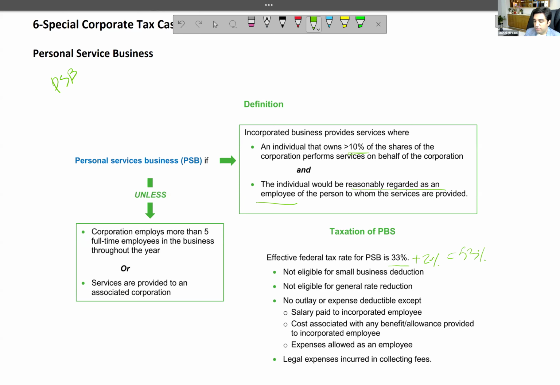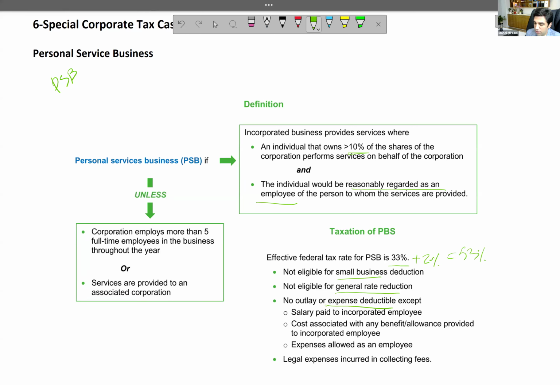Then the next one is that there is no small business deduction, nothing for 11%, 27%, forget about them. And they cannot deduct even expenses. In the corporation, you can deduct a lot of expenses, but when that corporation is considered a personal service business, then you are not allowed to deduct a lot of expenses.